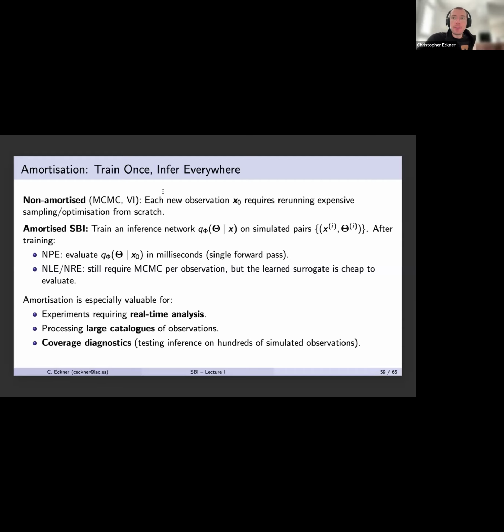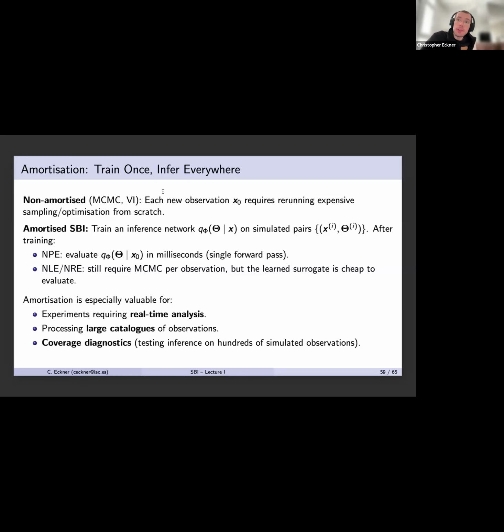And everything you do in terms of finding the posterior depends on this target observation. There's no way to infer the same parameters for a different target observation. So you have to rerun the whole thing again. While for simulation-based inference, it's different. They all know about the full model, the full simulation space, and you can just show them new observations.